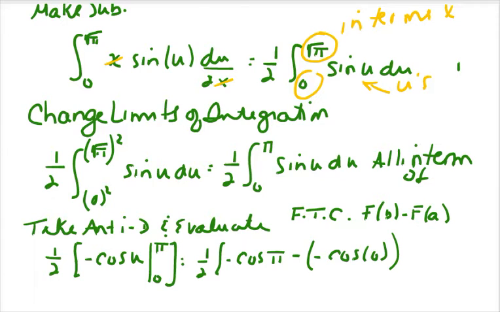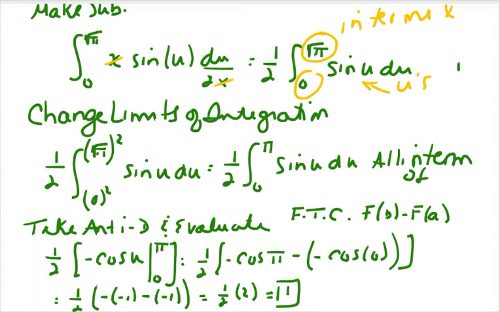So evaluating that, hopefully you remember your trig rules. And this becomes negative the cosine of pi, which is a minus 1, and minus cosine of 0 is minus 1. Hopefully we keep our signs straight, and you end up with 1/2 times 2, and the answer here is simply 1.